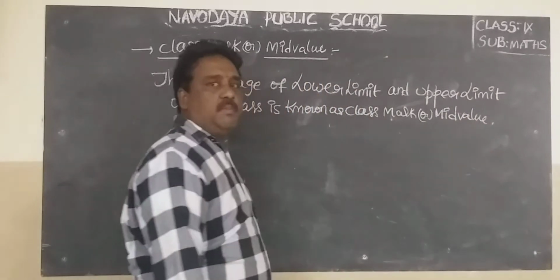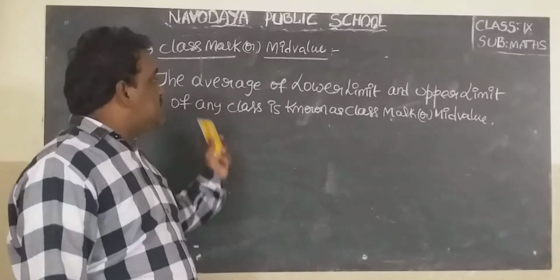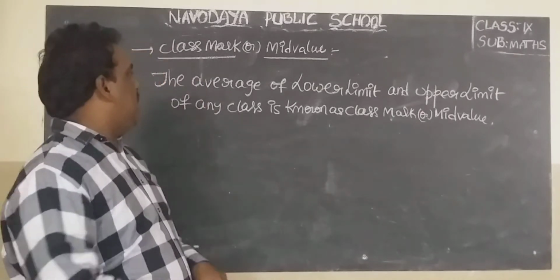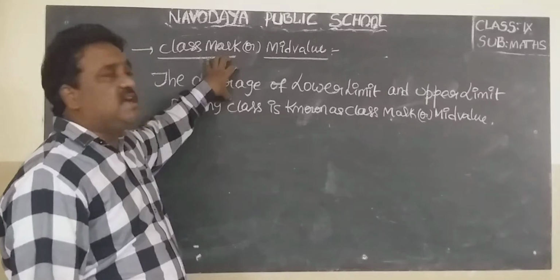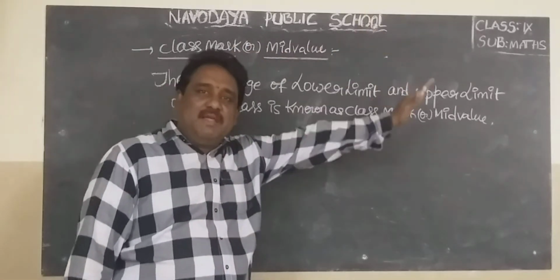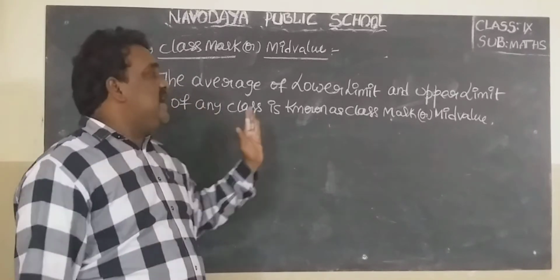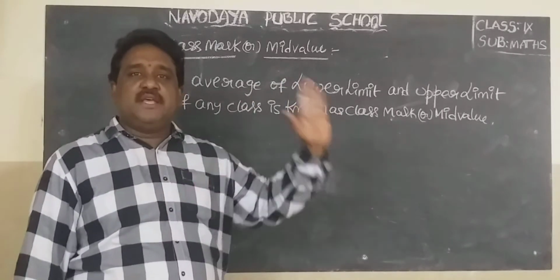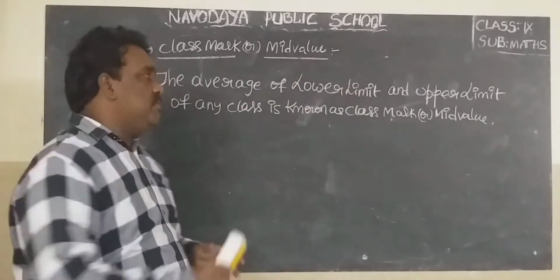Class mark or mid value. So what is the definition of class mark or mid value? The average of lower limit and upper limit of any class is known as class mark or mid value.